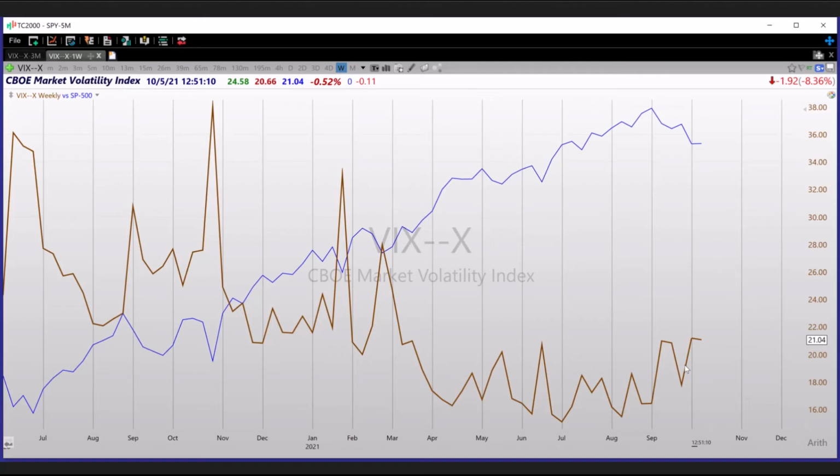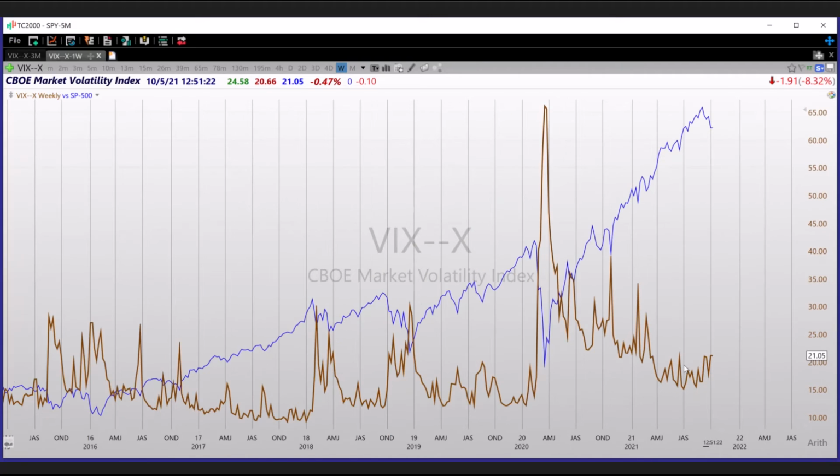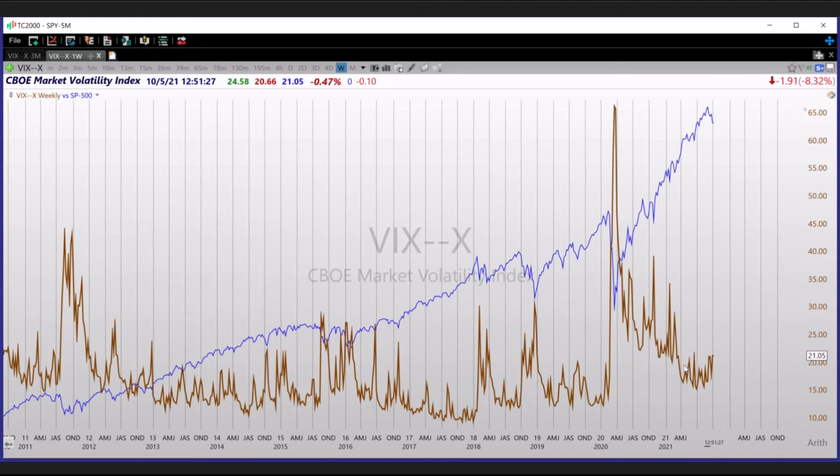That's interesting. It shows up really well on that weekly chart that you're not getting that severe reaction to this pullback. Some of those pullbacks where you got the giant spikes were not nearly what we're looking at now, but we haven't gotten that big acceleration.